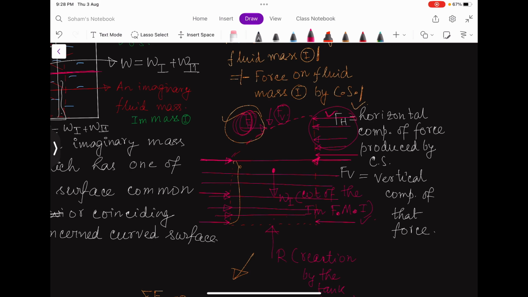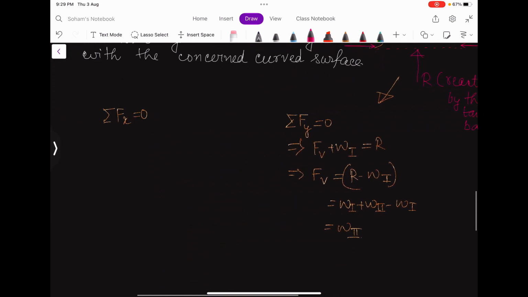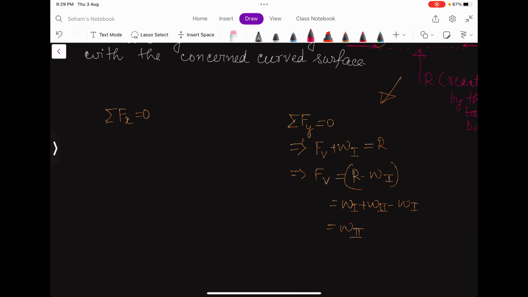So this much pressure force is acting on this much area. I am denoting this as Fp, that is F pressure. So Fx equal to 0 will give us Fh equals Fp.